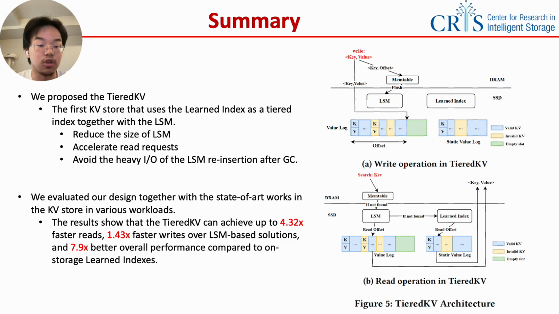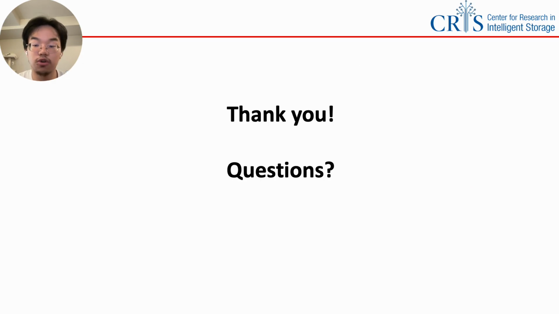Based on our extensive evaluation, our design could achieve up to 4.3 times faster reads and 1.4 times faster writes over LSM-based solutions, and up to 7.9 times better overall performance compared to the on-storage learned index. That's all for my presentation.